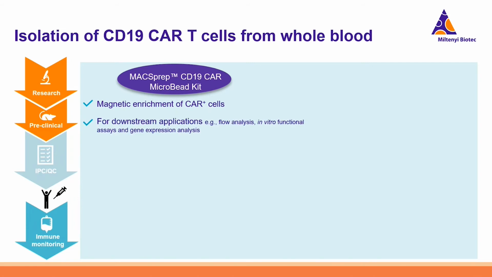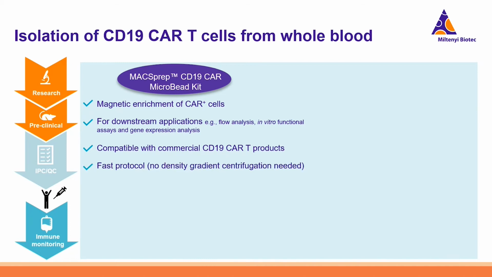And this is especially useful for downstream flow cytometric analysis with increased sensitivity, for in vitro functional assays, for example co-cultures with target cells, or genomic analysis, such as gene expression analysis. The kit is compatible with the commercial CD19 CAR T products on the market, and the protocol, unlike other conventional protocols, does not require density gradient centrifugation.